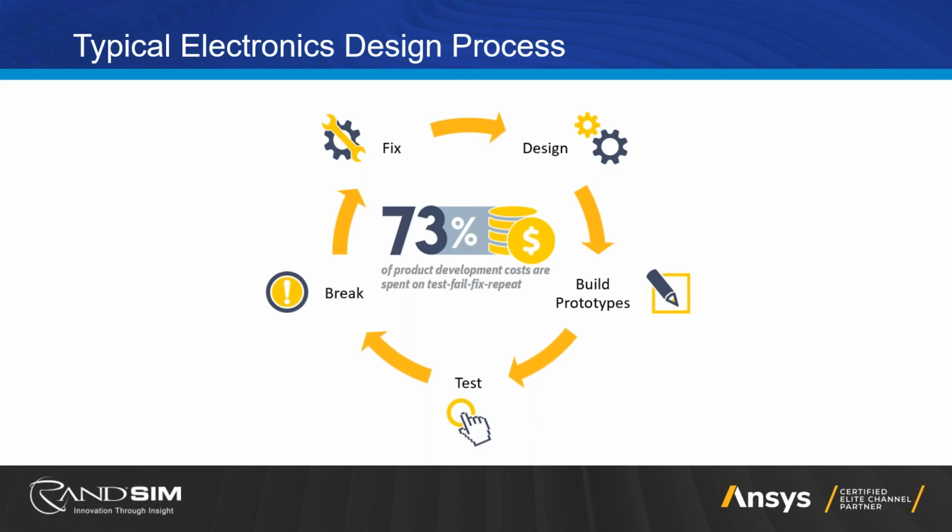Either it's going to fail or it's going to have an intermittent operating mode, and then you go through the process of fixing it. And 73% of cost is associated with that test, fail, fix, repeat cycle. We want to reduce going around in the circle over and over again, to reduce that cost and to get the board ready faster.